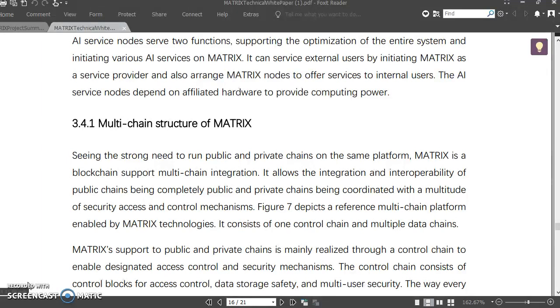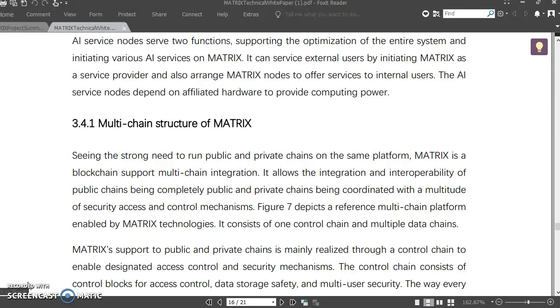For that to be possible, it has to come through what they call the control chain, which enables designated access control and security mechanisms. You might want to ask, what is this control chain all about? The control chain does some functions. We're talking about each of them. It does 3 functions.